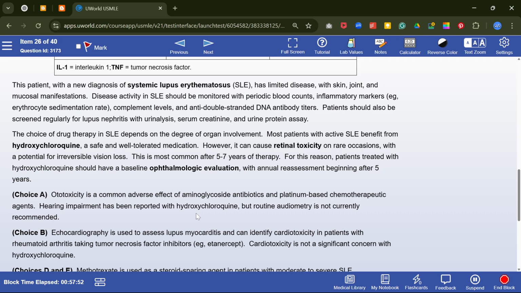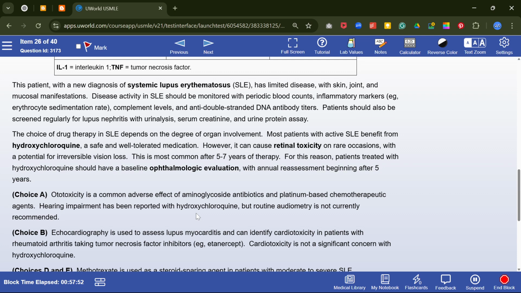The choice of drug therapy in SLE depends on the degree of organ involvement. Most patients with active SLE benefit from hydroxychloroquine, a safe and well tolerated medication. However, it can cause retinal toxicity on a rare occasion with the potential for irreversible vision loss.